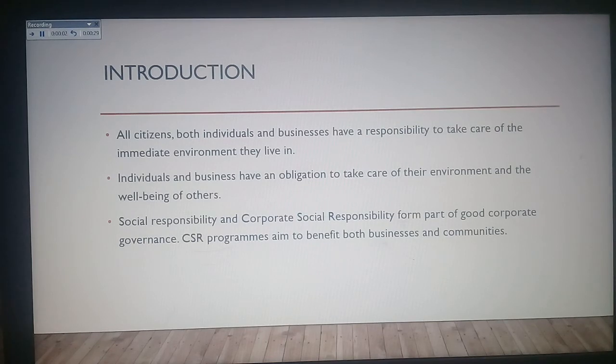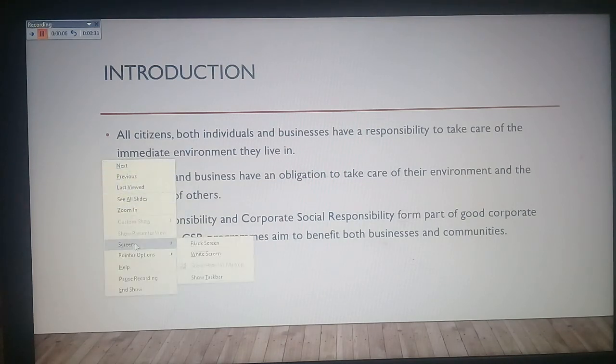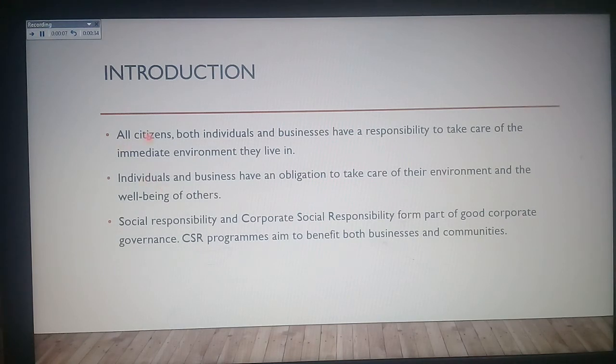Let's just give you a brief introduction. As you can see, what we are saying is that all citizens, both individual and businesses, have a responsibility to take care of what? Of the immediate environment they live in. So each and every one of us has an obligation to take care of the environment.